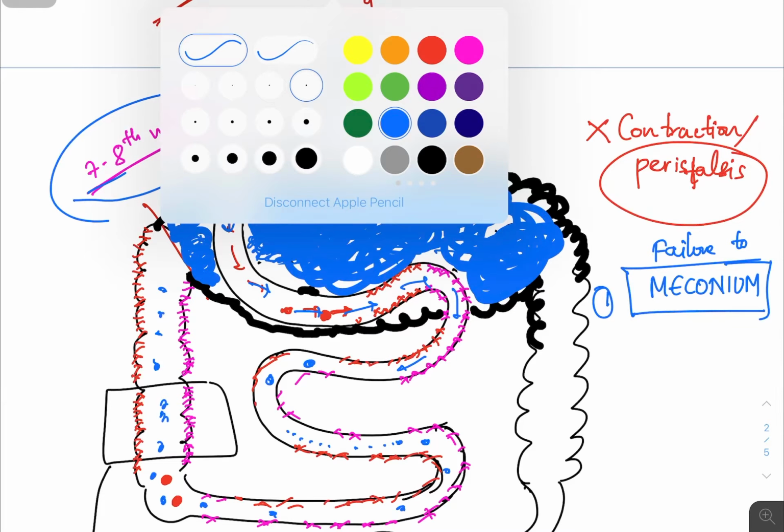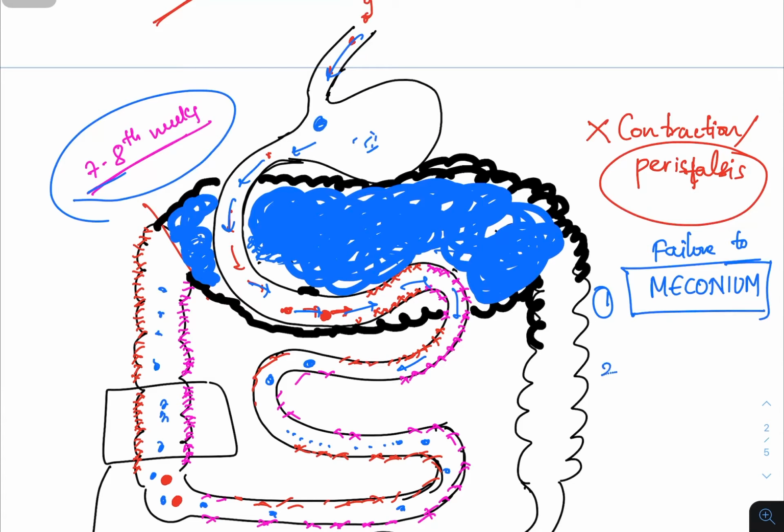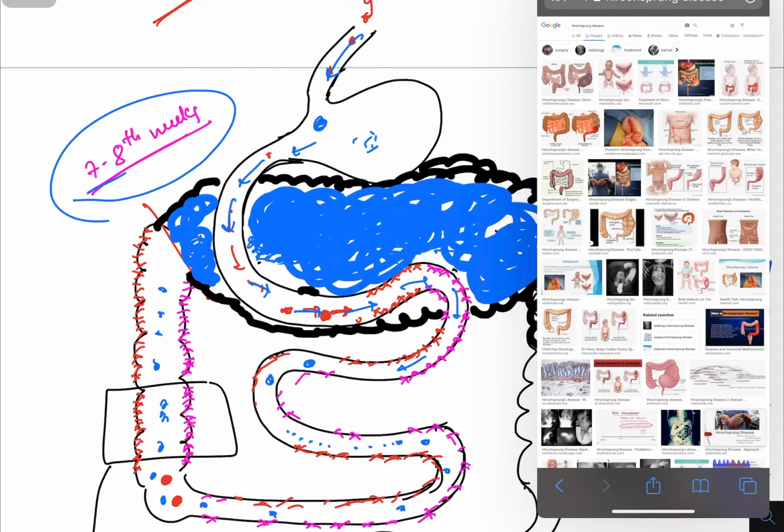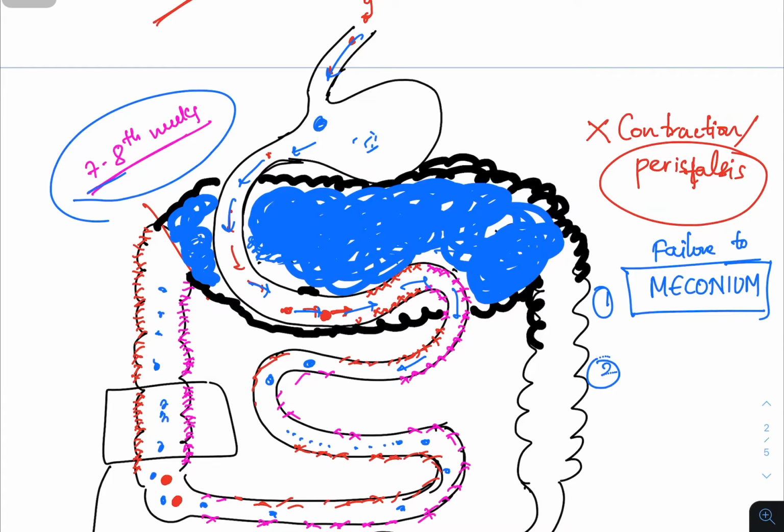So the second important thing which the mother will complain about is, doctor, on the second day my neonate had abdominal distension. And not only abdominal distension, doctor, I have also noticed that my baby didn't pass the first stool, that is meconium.